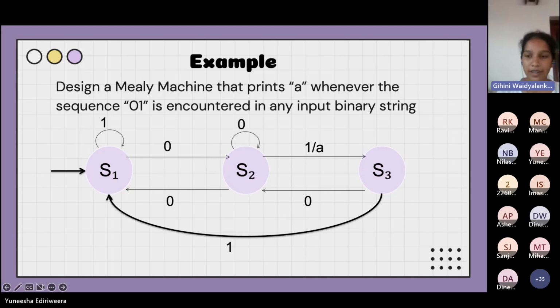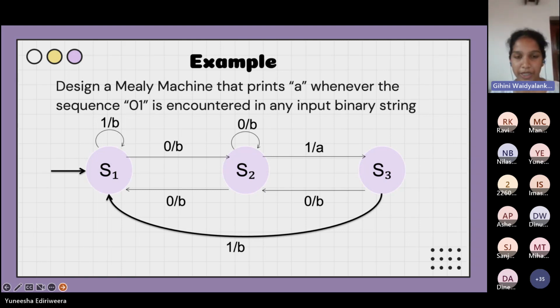For the other transitions, I'll give my output as B. Next slide. Now you can clearly see how I've included the outputs along with the inputs and present states for this Mealy machine.